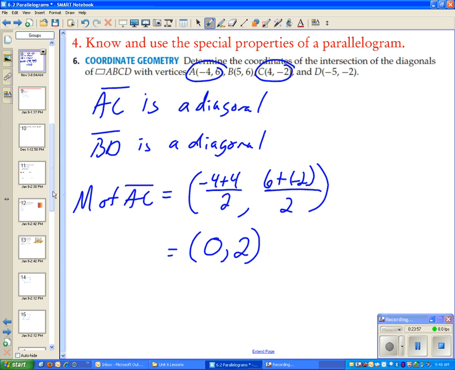Because you can know that the diagonals bisect each other, and it still may not enter your mind to find the midpoint of one of them to work this problem. Okay? So you're going to have to think. You're going to have to figure out what property to use and how to use it. Sometimes it'll be obvious, but sometimes, like this one, it won't be all that obvious. Okay?